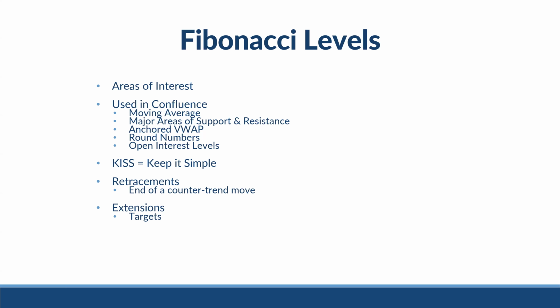The anchored VWAP, I like using that. It tells me, hey, this is where the mean of buyers have been along a certain set period of time, whether that was from an event or from year to date. It gives you an idea of where the mean average of price is located. And they're either going to defend it or it's going to break down, right? If you're trading on the long side, and the opposite if you're trading on the short side.